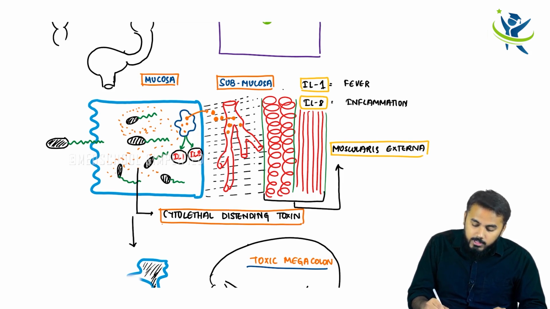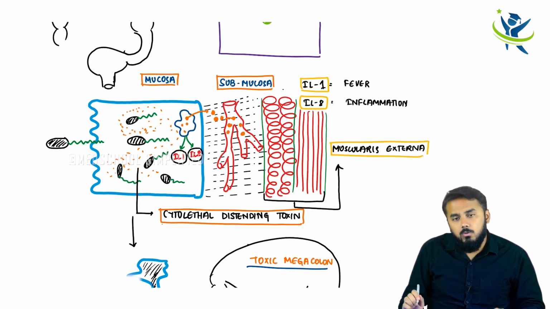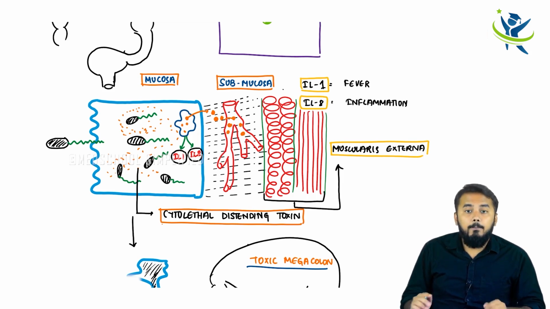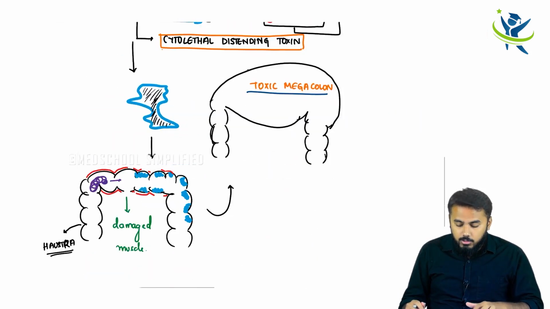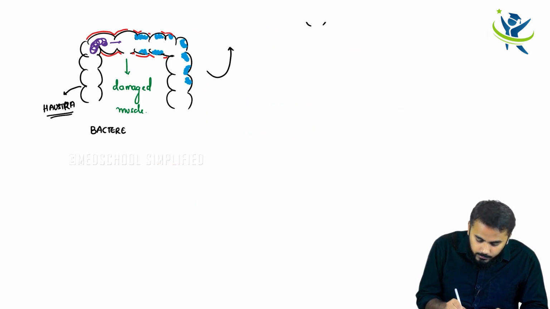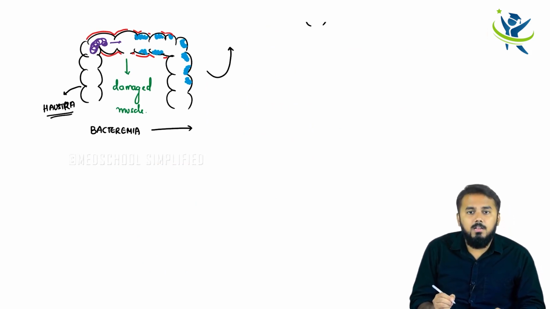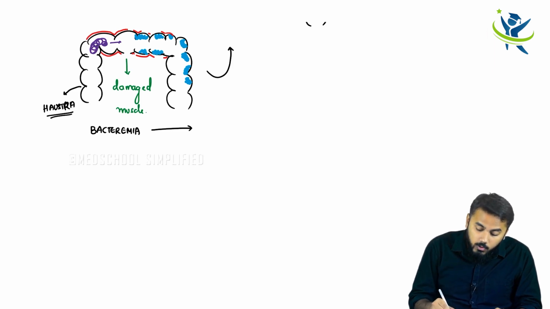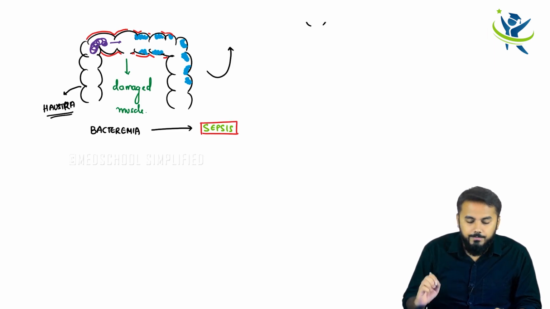When the toxins enter into the blood vessels, what will happen? There will be bacteremia. Yes or no? If there is excessive bacteria within the blood vessel, that will lead to sepsis in the patient.